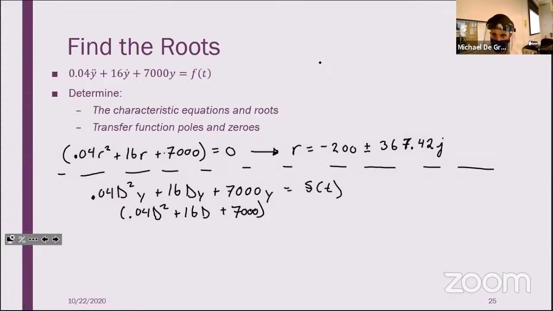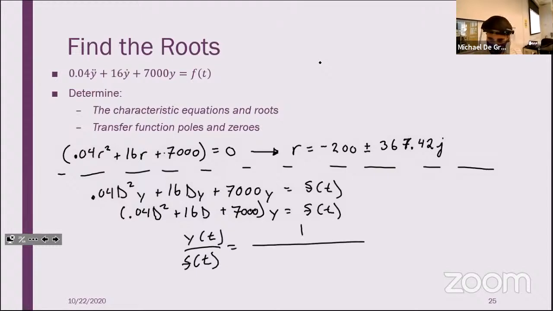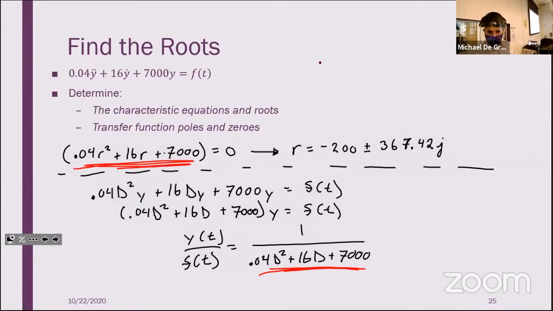Forgot my times y is equal to f of t, right? And then y of t over f of t is equal to 1 over 0.04 D squared plus 16 D plus 7. Awesome. Hey, look, this and this look exactly the same. You solve that, find where D is equal to 0, right? You got the roots of the characteristic equation again.